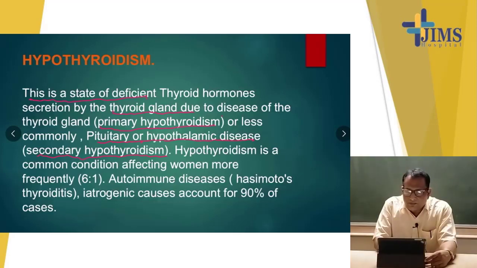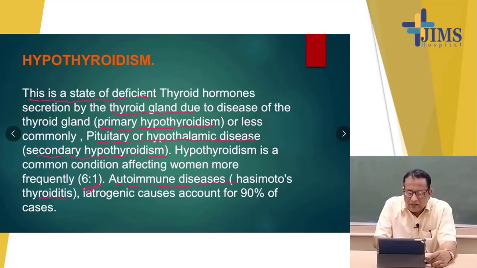So, hypothyroidism is a common condition affecting women more frequently, 6:1. Autoimmune disease, that is Hashimoto's thyroiditis, and iatrogenic causes account for 90% of the cases of hypothyroidism. These causes I will elaborate later on.